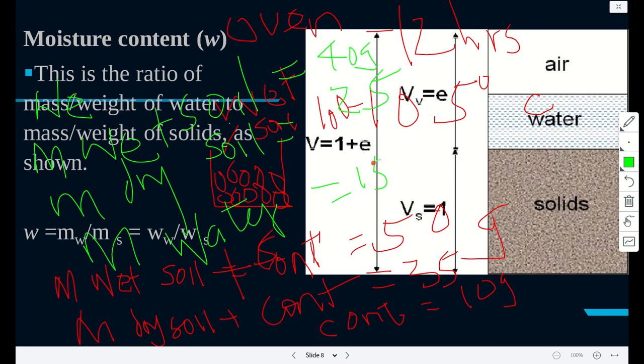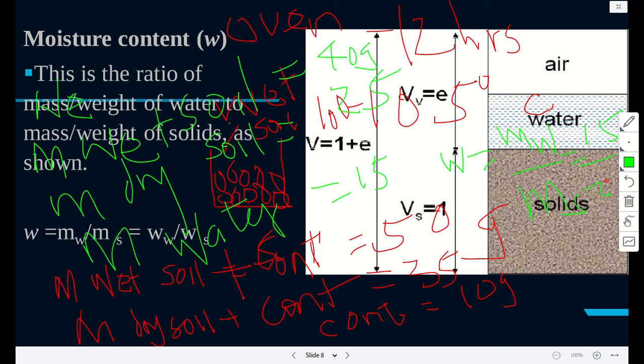And then the water content, we said, is the mass of water over mass of solids. So it would be 15 divided by 25.